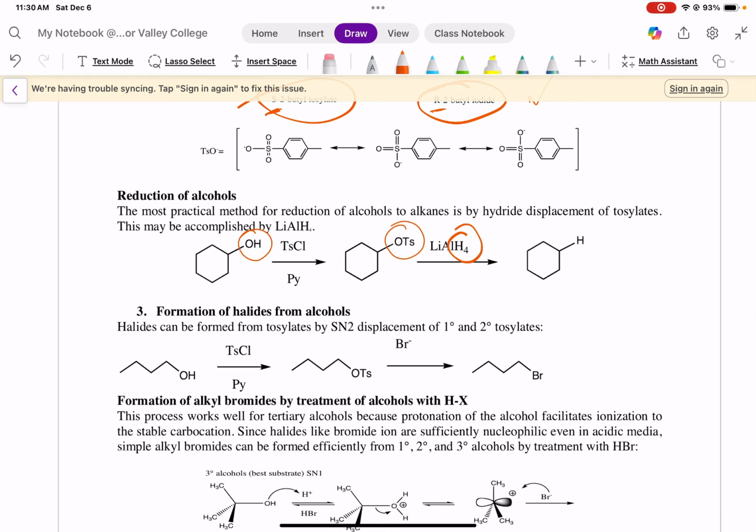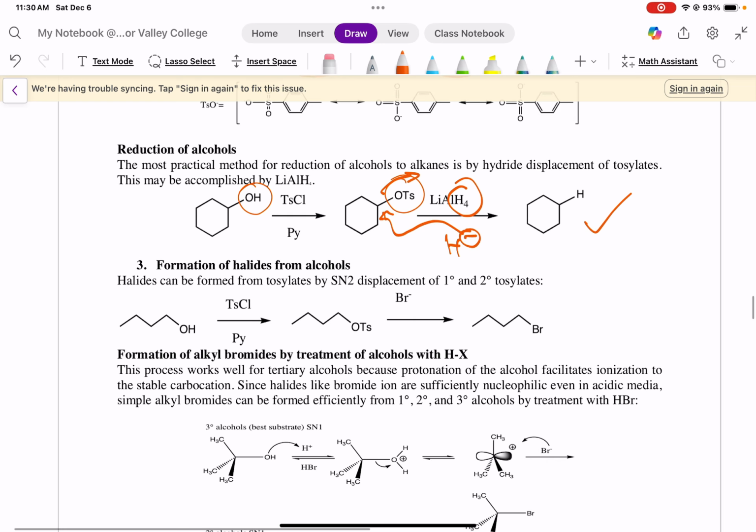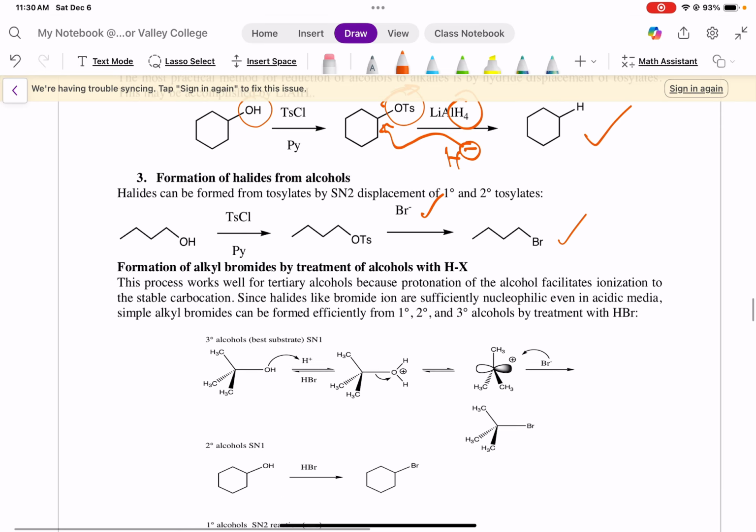Sodium borohydride, lithium aluminum hydride give us hydride minus, and hydride minus comes in, kicks out the OTs, so we got just cyclohexane. Or we can also replace the OTs with halogens like bromine.